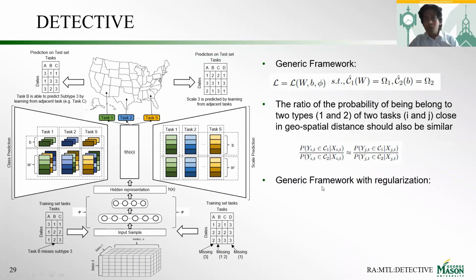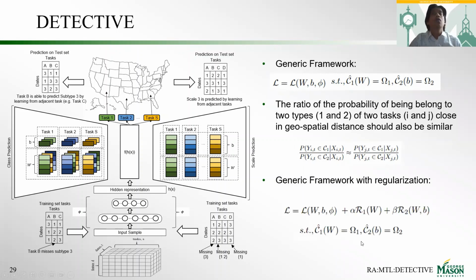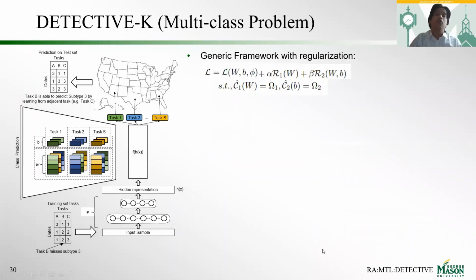Based on that simple generic framework, we introduced two more regularization terms for weight and bias, and we still have those constraints, to make it more generic for different types of functions. Take the example of the multi-class problem.